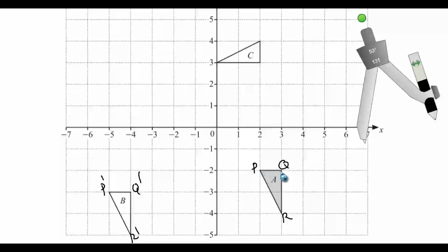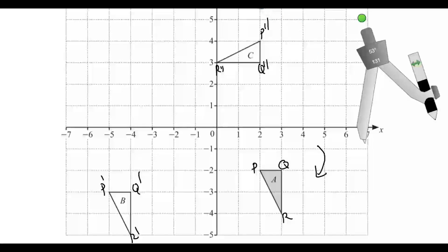You see that shape A was rotated in this direction, so this will be R prime prime, this side will be Q prime prime, and this side will be P prime prime. So the transformation is rotation, and the direction is clockwise. We need to find the center of rotation and angle of rotation.